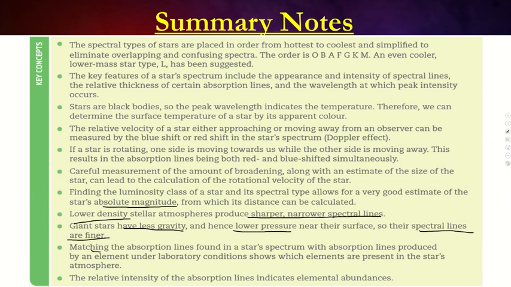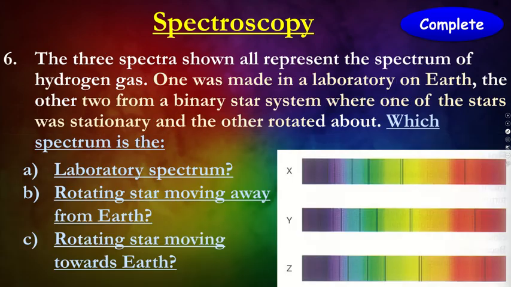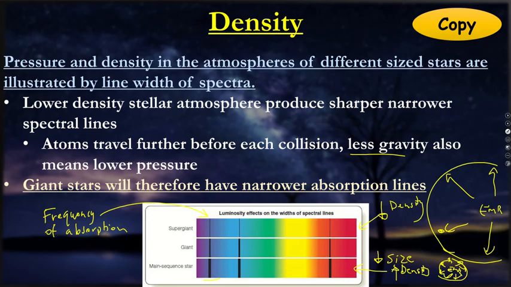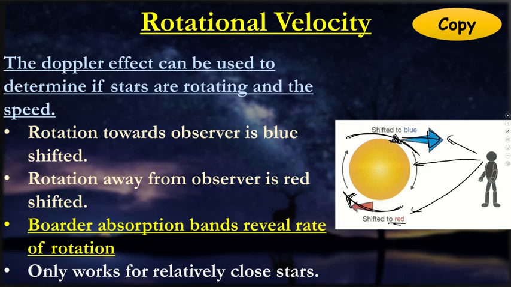If you match the absorption lines found on the star spectrum with the ones produced in a laboratory, you should be able to make the prediction of what element is present in that star, and the relative intensity of the absorption lines indicates how much of the element is there. So this goes back to a bit about the chemical composition.